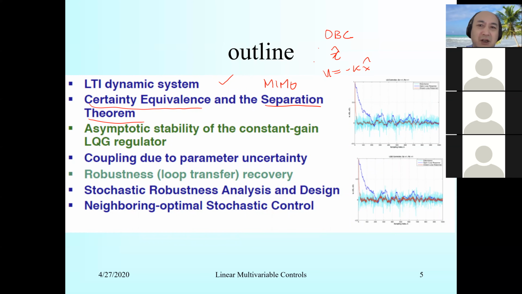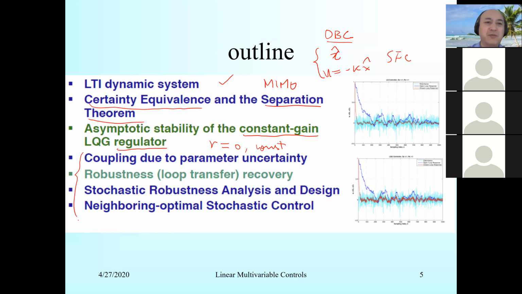State feedback control and observer-based control are separated, meaning estimation and control are separated. Then we're going to talk about asymptotic stability for the constant gain LQG regulator. A regulator means the reference is zero or constant. That's the major part.